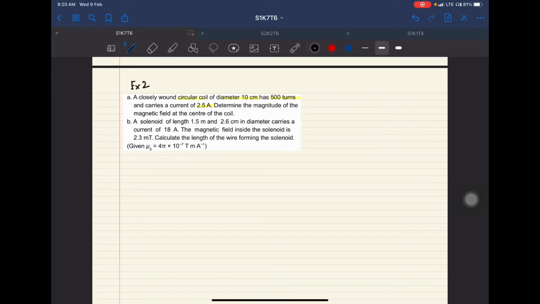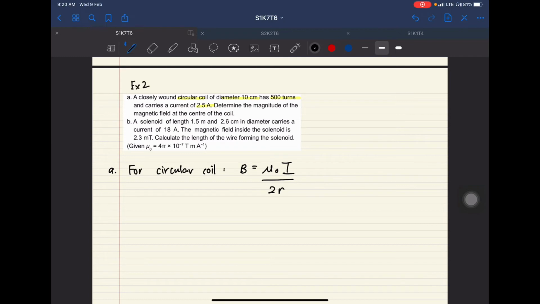So if it is a circular coil, you can use the equation of B equals mu naught I over 2R. Okay, for circular coil, they will ask you to determine the magnitude at the center only.